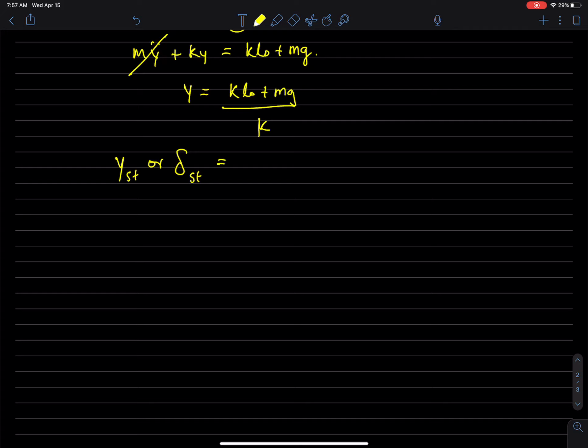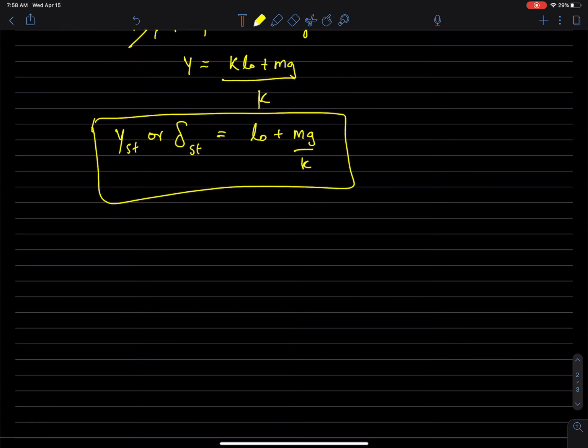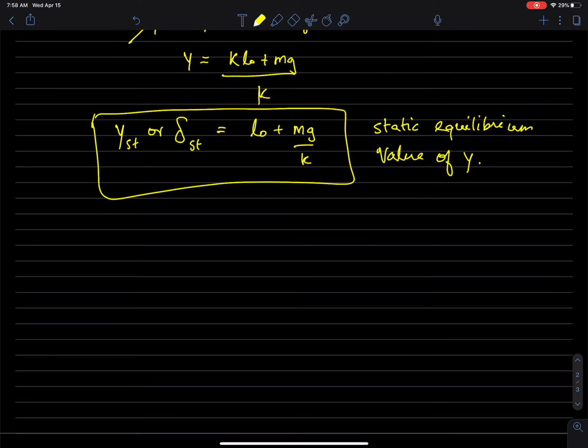Okay, and that's basically L naught plus mg divided by k. Okay, equilibrium value of y.